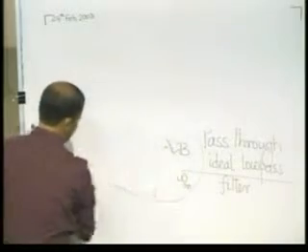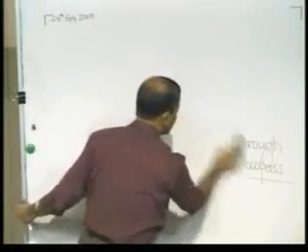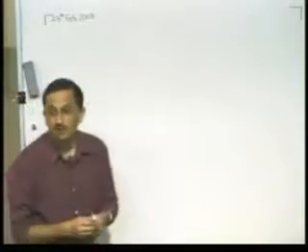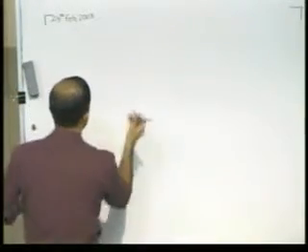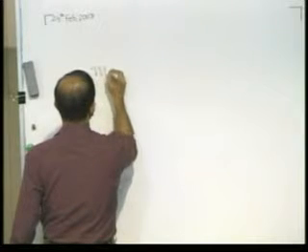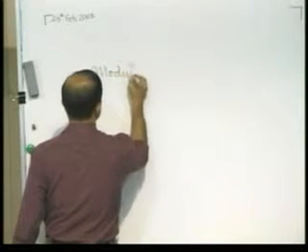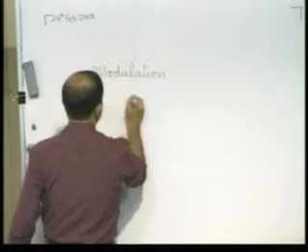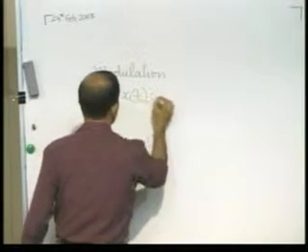Now, we would like to see the same thing in time. What are we doing in time? You see, modulation is multiplication of x(t) by cos omega naught t.